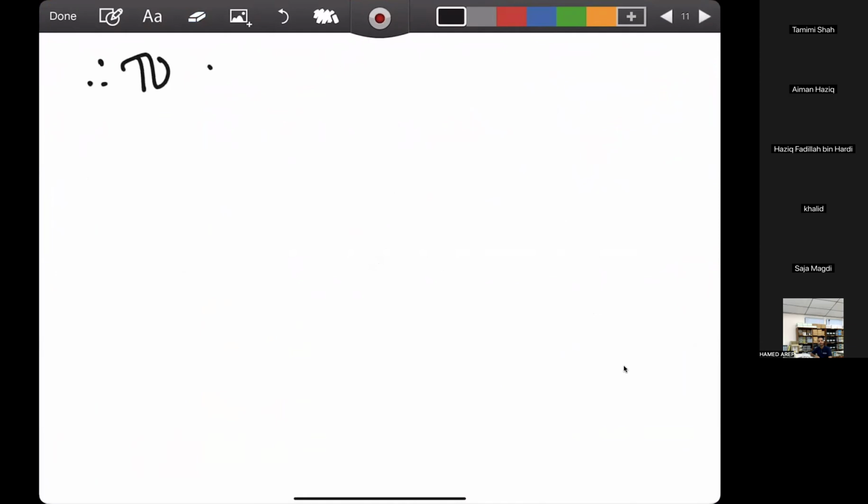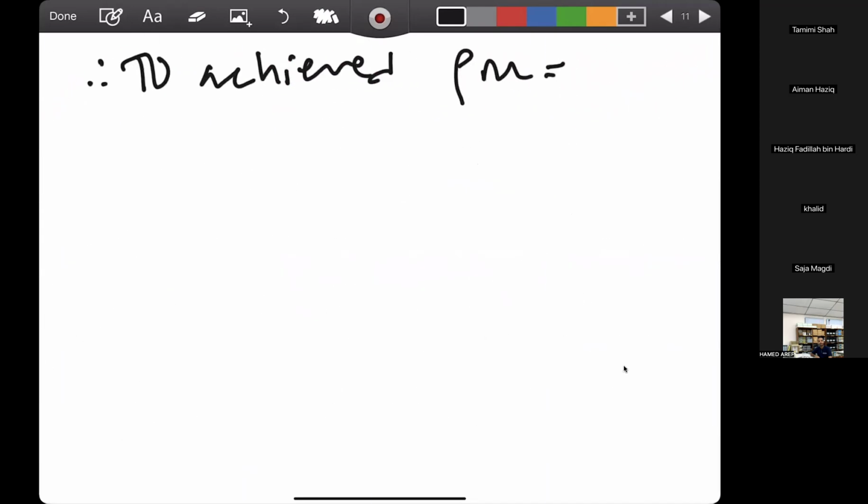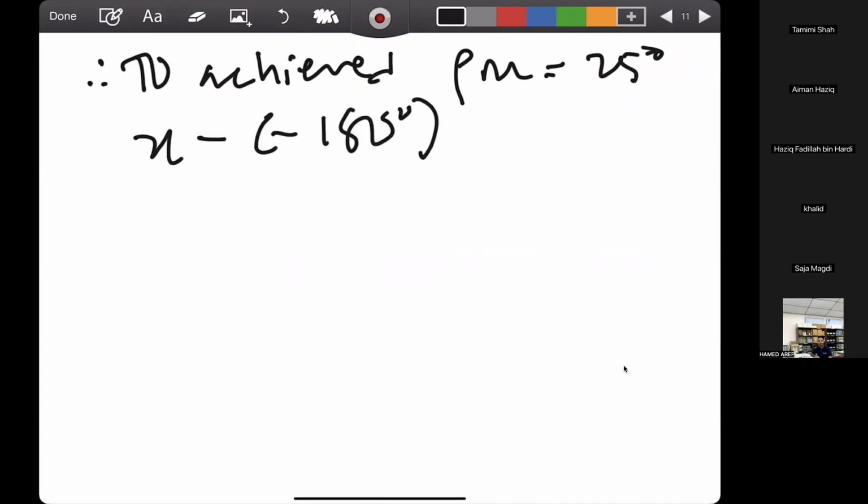So, to achieve phase margin 25 degrees, we have to find the phase curve reading. How much?